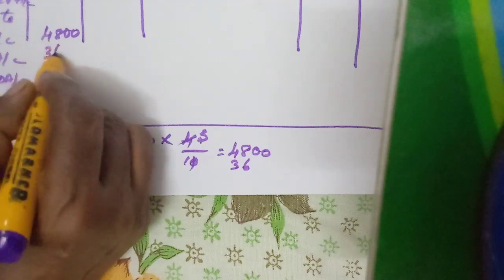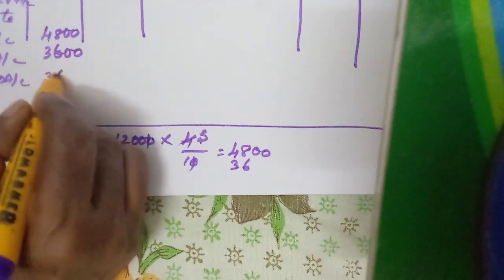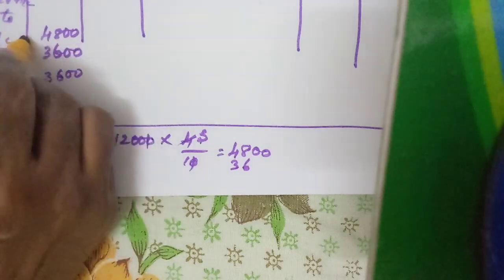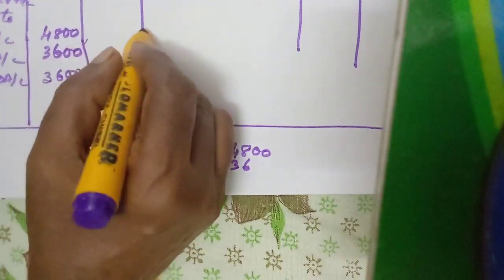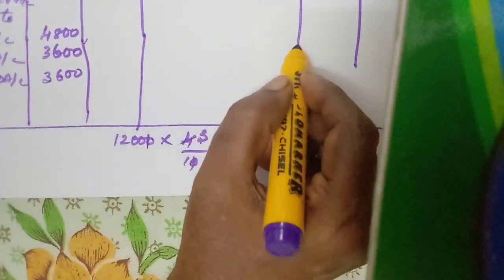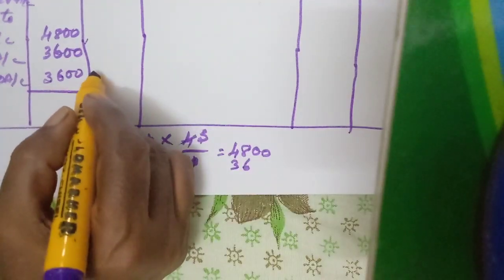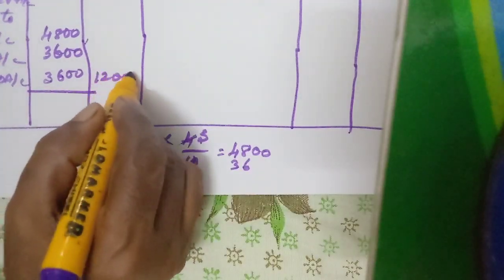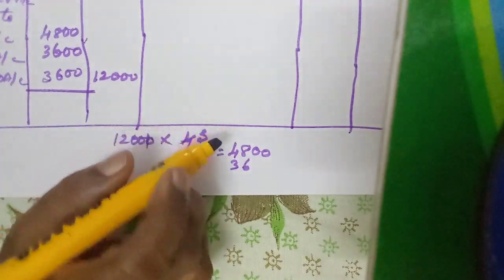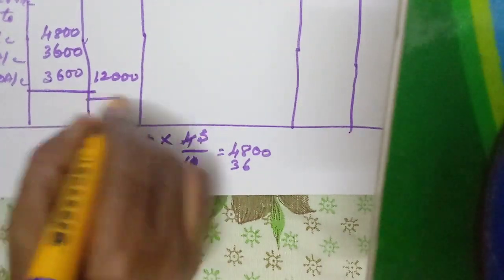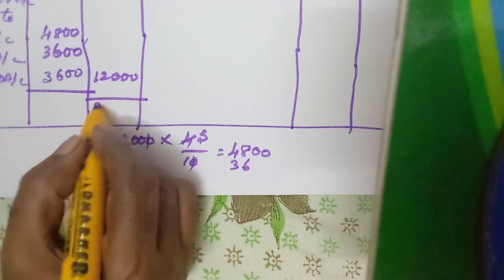So 3,600, 3,600. So totally 12,000. Okay, then total here 30,000.